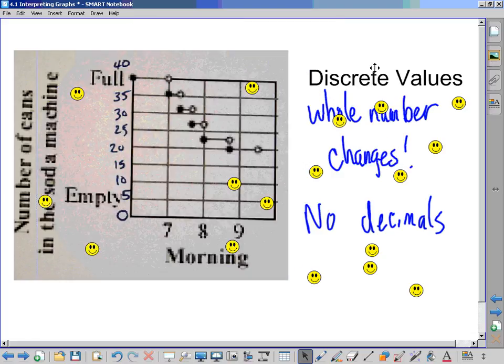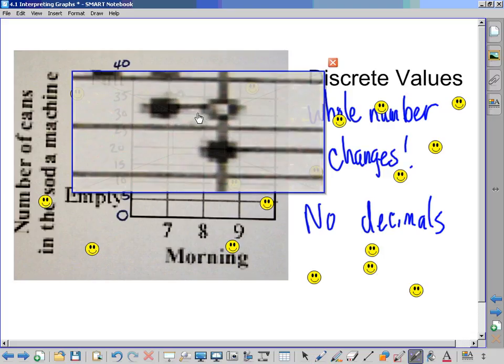Okay? The last thing that we want to talk about on this slide would be what's up with the open and closed dots. Does anybody know what it means? Let's zoom in right here. At this time of day, 8 o'clock, let's pretend this is 22 cans of soda.